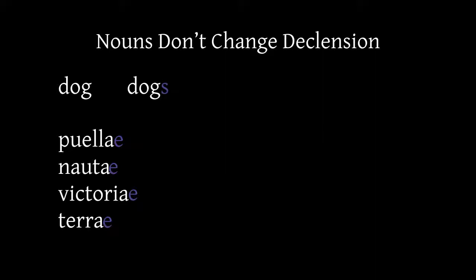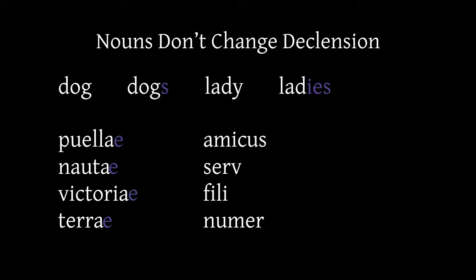So just like lady drops its Y and adds IES, so there are masculine second declension nouns like amicus, servus, filius, and numerus that like to end their nominative in US, and when they go to the genitive singular, they like to change it to an I sound. So amici, servi, filii, and numeri.